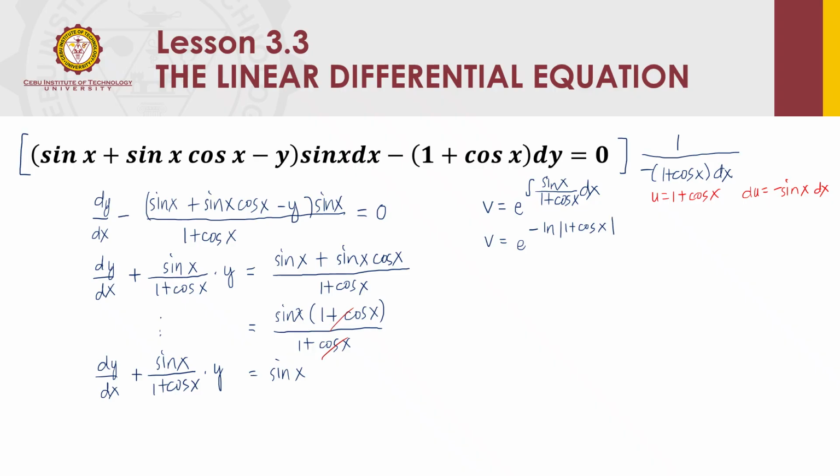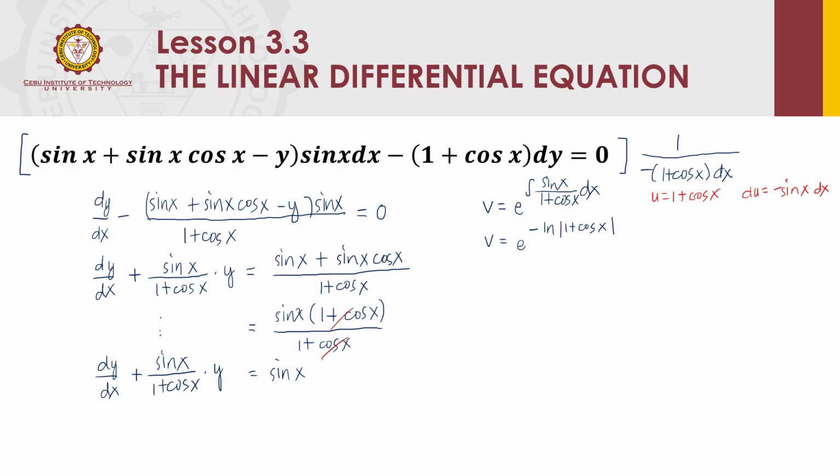And for the general solution, we multiply that integrating factor and y, and for the right side of the equation, the integral of e to the ln of, or we can already simplify the exponential function so that we won't be writing extra stuff in the general solution.